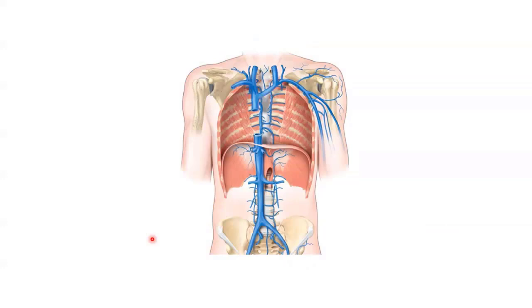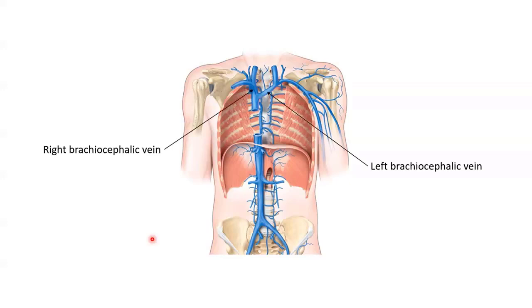Looking at the vessels which then return the blood to the heart, our veins are named quite similarly to our arteries. So we have our right and our left brachiocephalic veins. Again, brachiocephalic because it branches into vessels that feed our brachial and our cephalic regions.